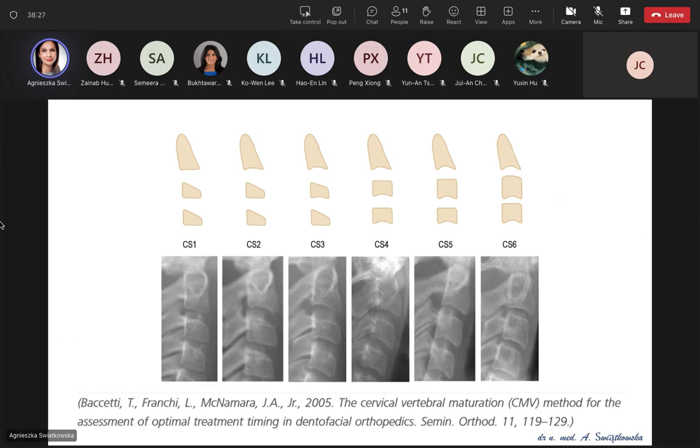So we are waiting for the most intensive growth of all the body, because the scientists found that the intensive growth of all the body is in correlation with intensive growth of lower jaw, and is the best time for treatment.